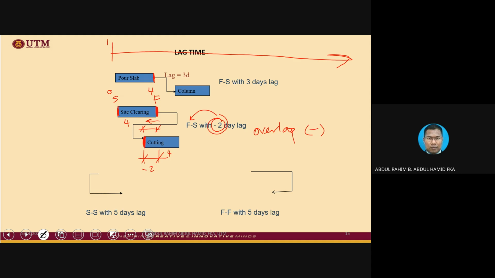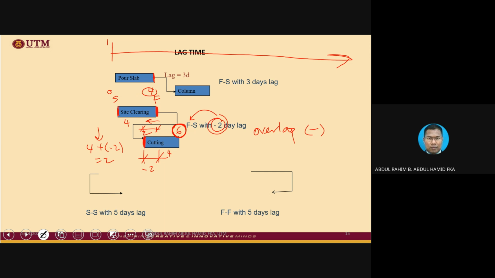Then here, 4 plus -2. Remember in the forward pass, we plus, but now since we do have negative, the calculation will be 4 plus -2, which is 4 minus 2, will be 2. So now the cutting will start on day number 2, instead of day number 4, and 2 plus 4 equivalent to 6. So we are going to complete on day number 6.